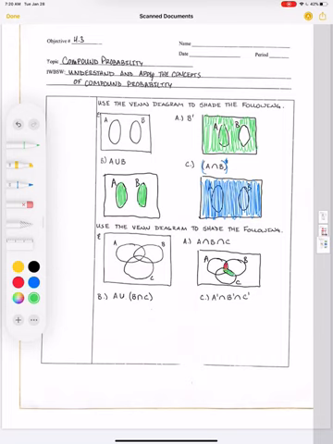But A is also intersecting where B intersects C, which is there. So our answer is going to be where all three of those colors overlap each other, which is going to be in the middle. And you can just fill that in black, or just a darker shade of everything. Okay. So we're going to move on to part B.